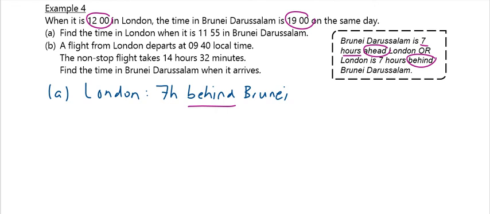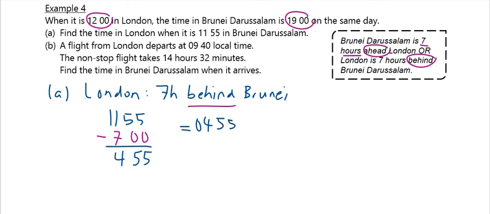Brunei Darussalam is 11:55, and you are going to find the time in London, so you subtract 7 hours. 55 is still there, but 11 minus 7 is 4. So this is 0455, or you can say it is 4:55 in London local time.